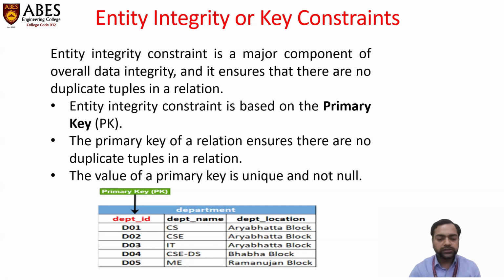We have 001, 002 up to 005. No two values are the same. The second property of the primary key is that we cannot take a null value in it. So if you impose a primary key onto any attribute, it must be unique and should not have any null values. This is the concept of entity integrity or key constraint, which is based on the primary key.